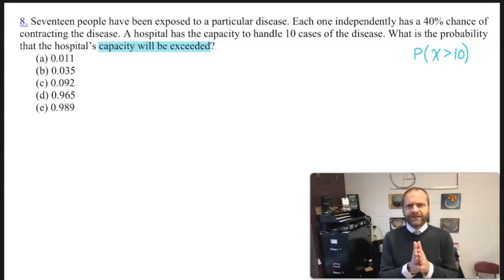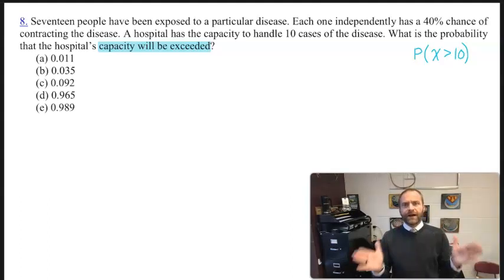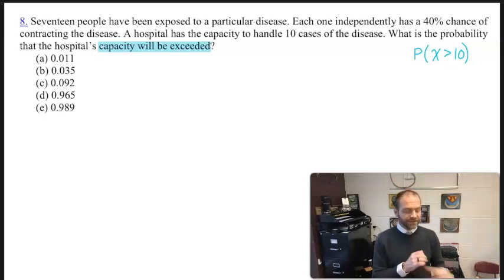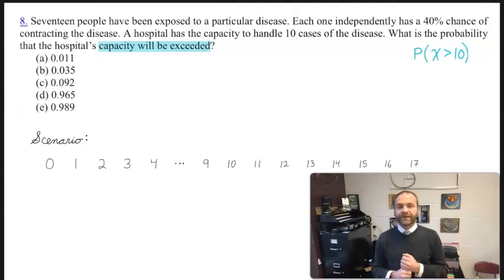So if I'm looking at this, 17 people have been exposed to a particular disease. What's the probability that I'm going to have more than 10 cases at this hospital? There's a 40% chance of contracting the disease. So let me think about this scenario: 0, 1, 2, 3, 4, 5, 6, 7, 8, 9, 10. I'm just going to stop at 17.